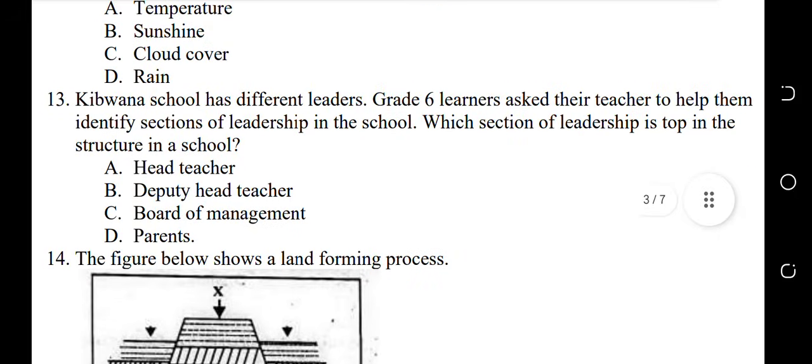Number 13. Kibwana School has different leaders. Grade 6 learners asked their teacher to help them identify sections of leadership in the school. Which section of leadership is top in the school structure? In other questions they are asked, who is the head of the school?